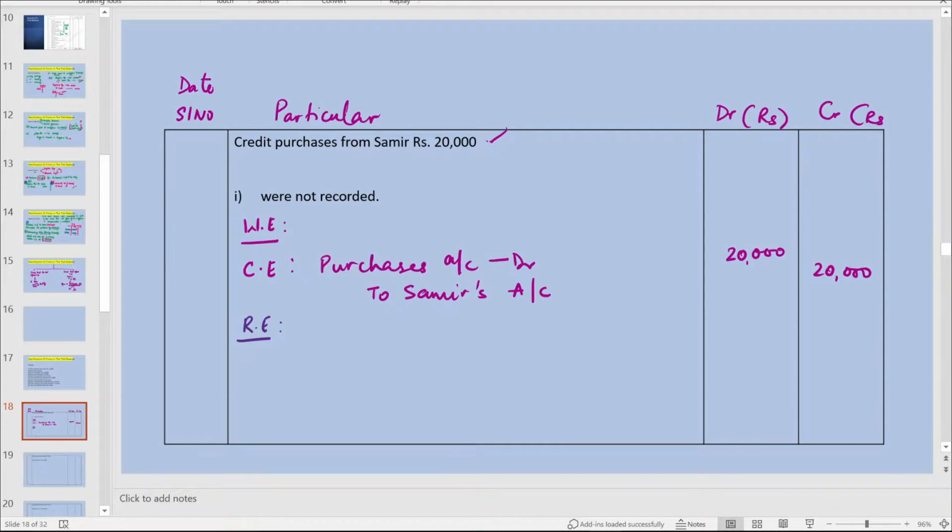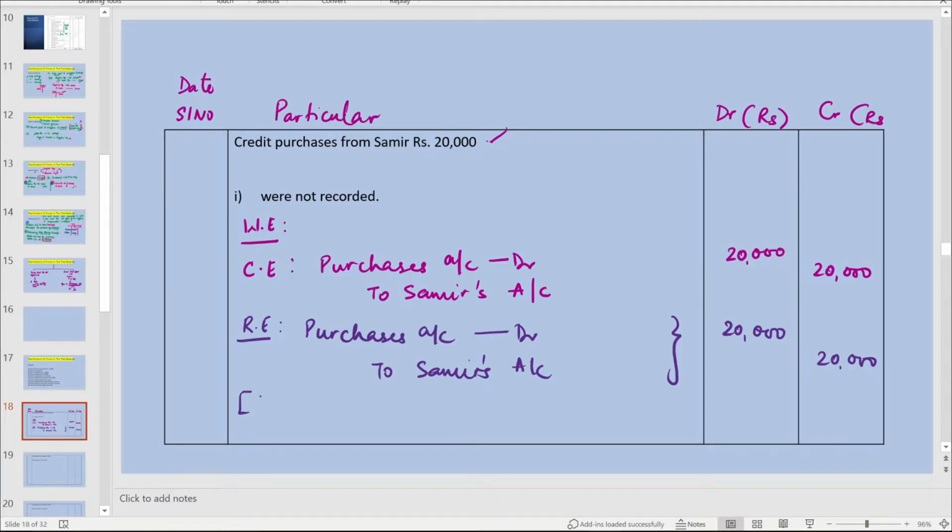It makes life easier for me to compare and do the correct entry. So my rectification here would be purchases account debit to Samir's account, because this was not passed. This will be 20,000 and 20,000.